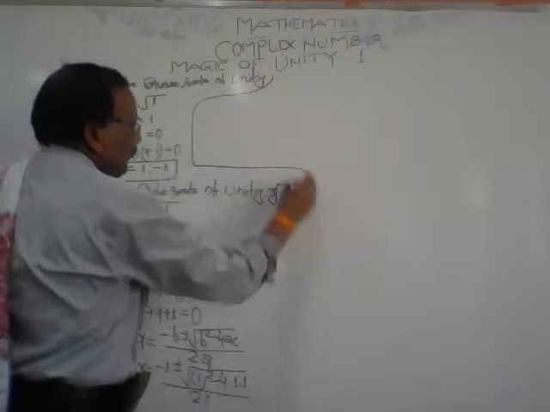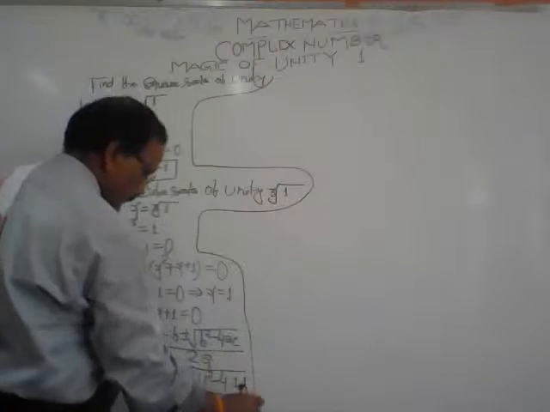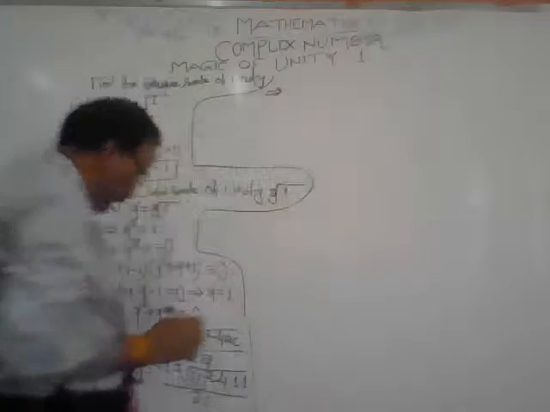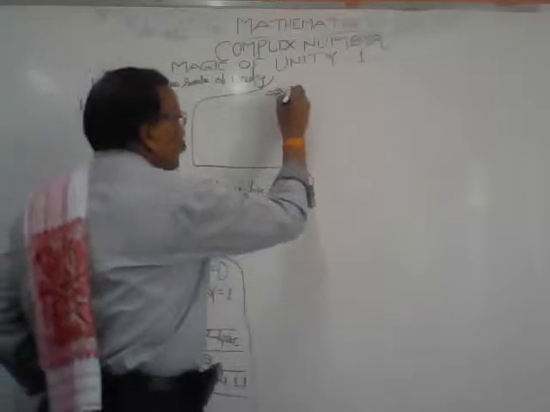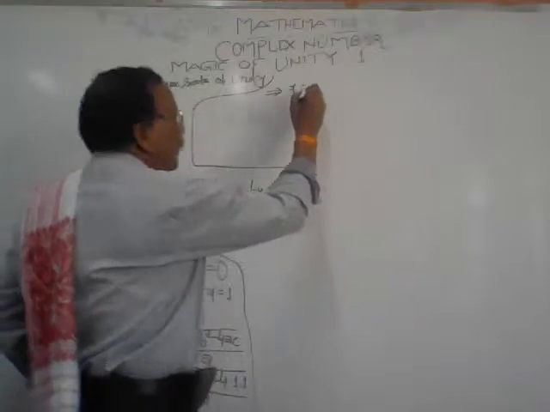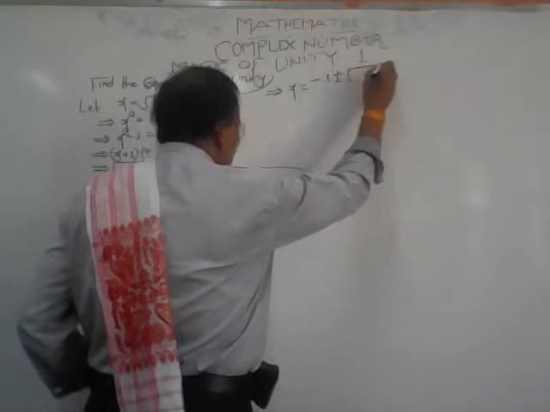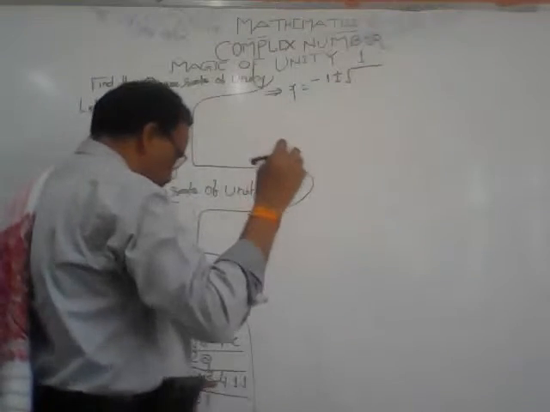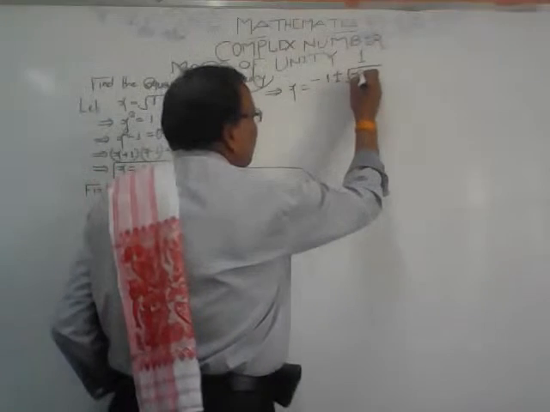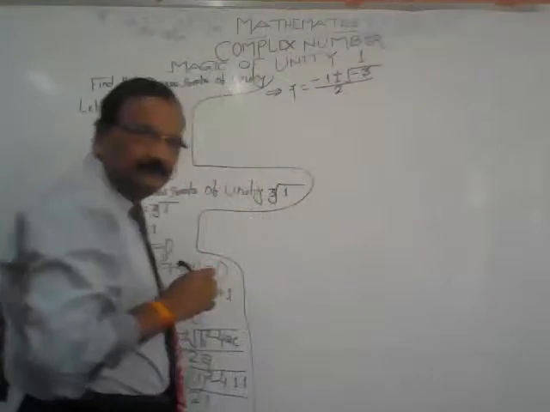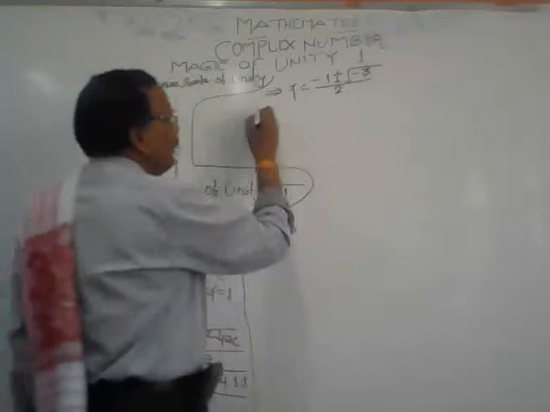What happens? This implies x is equal to minus 1 plus minus under root minus 3 upon 2. What can we write?